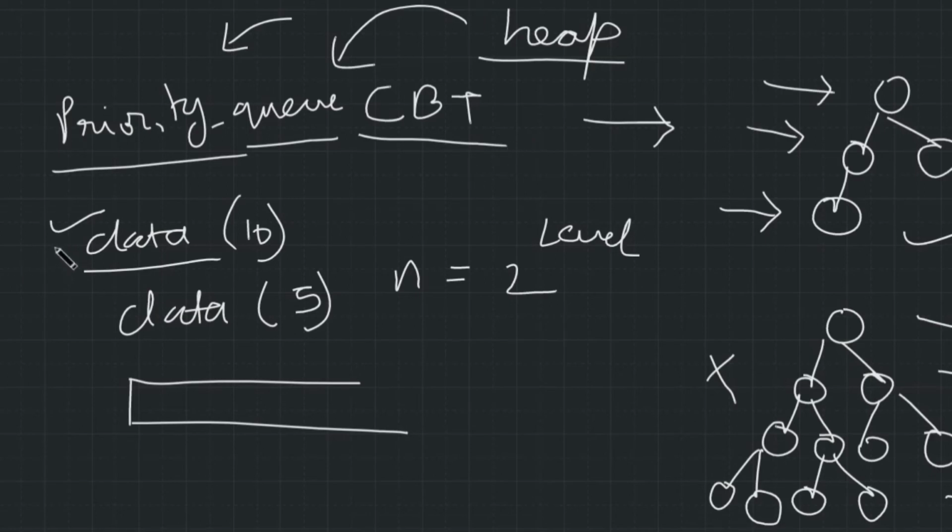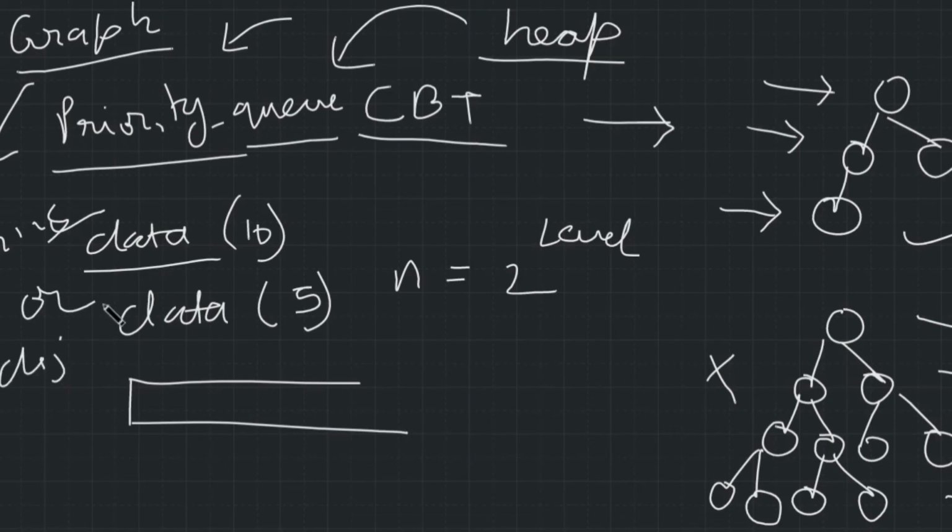In an operating system, in job scheduling, the jobs having the higher priority value will be processed first. So this is an application of the heap data structure. In graphs too, while writing the algorithms of Prim's or Dijkstra's, we need the priority queue data structure.